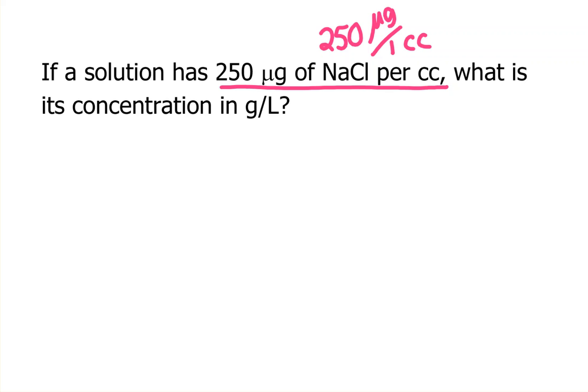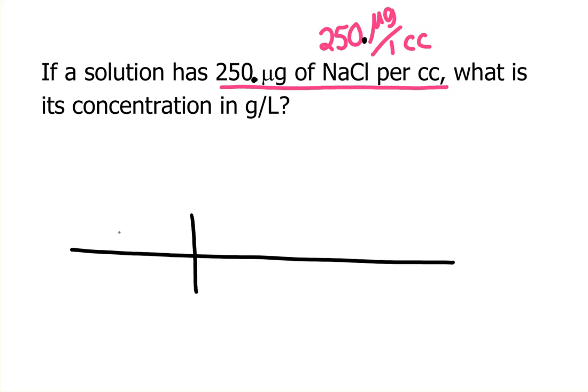I'm going to make a change on this problem and add a decimal place there, and that means that number has 3 sig figs. It's going to make a better example that way. So when we do a conversion factor problem, we usually like to start with a number here that has just one number and one unit, but this does not have that. We don't have one number, one unit. This is a conversion factor, it looks like.